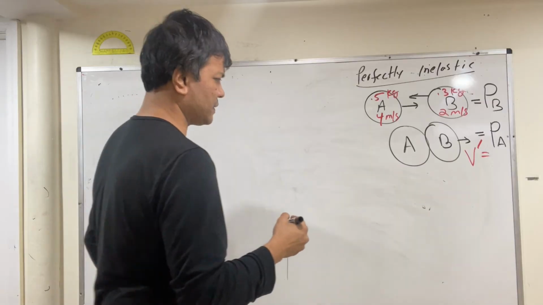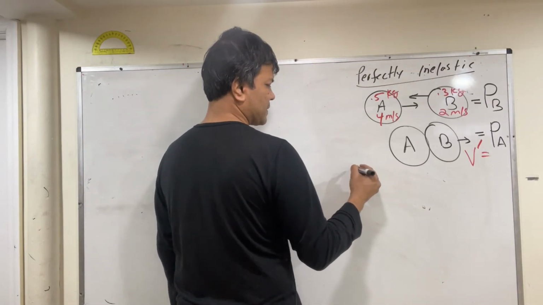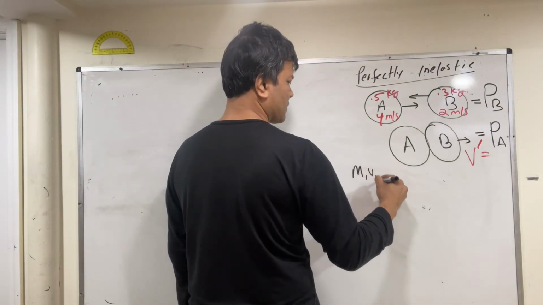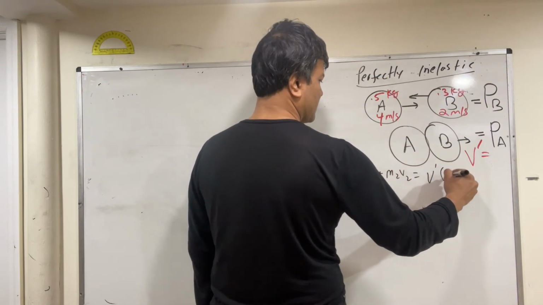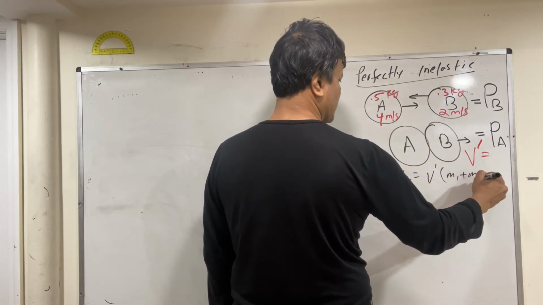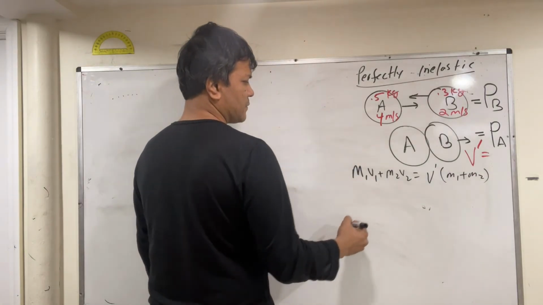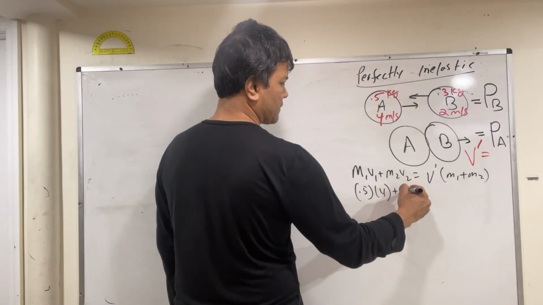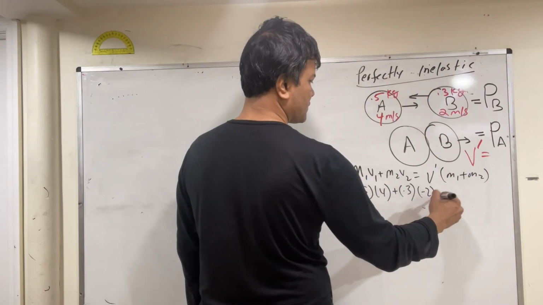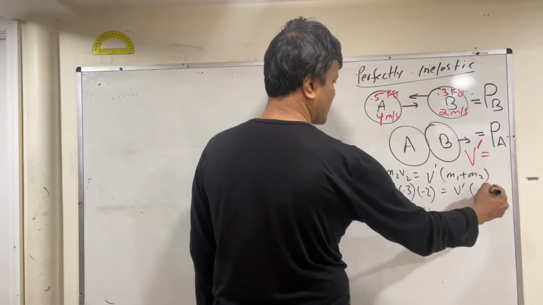What are we going to do now? Momentum before is equal to momentum after, so m1 v1 plus m2 v2 is equal to v prime times m1 plus m2, right? m1 is 0.5 times 4, plus 0.3 times negative 2, is equal to v prime times 0.8.